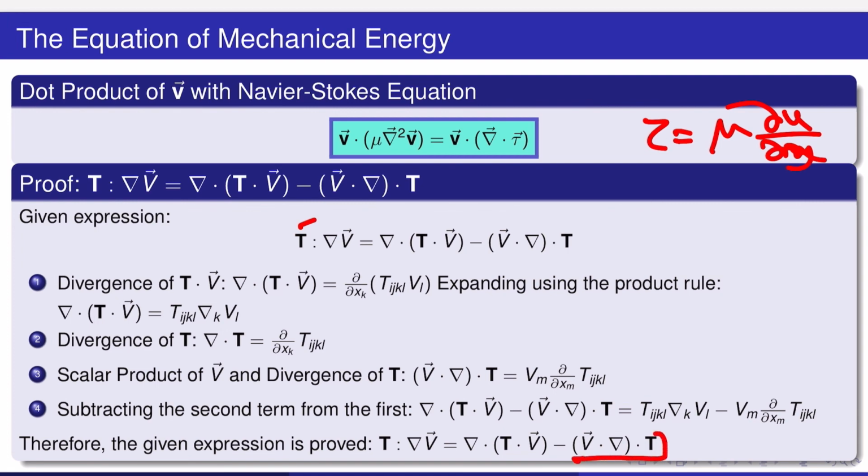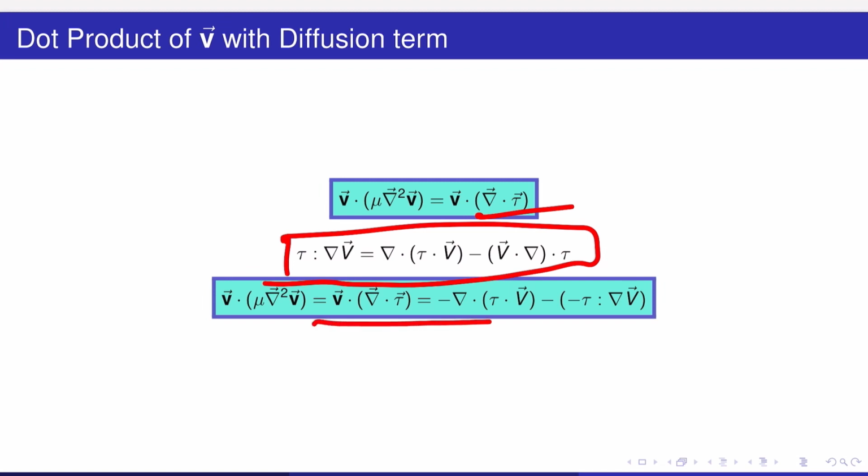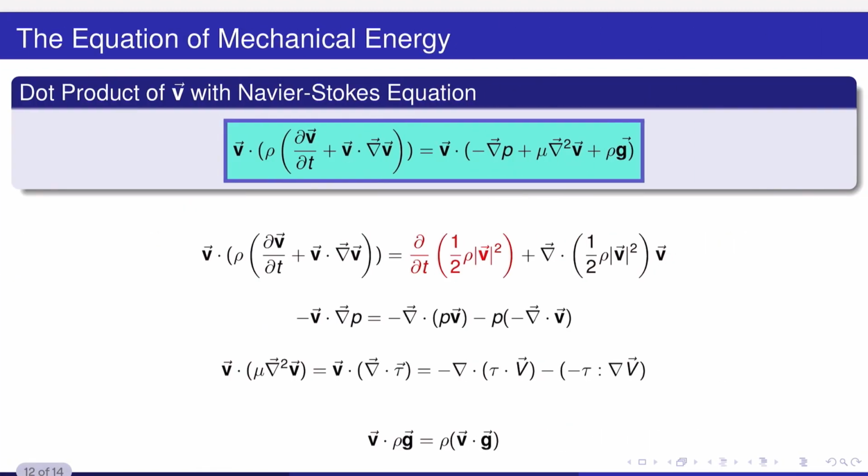From this we'll get this, and this is the identity. Okay, and from that we can write this minus del dot tau dot v, minus again minus tau double product del dot v.